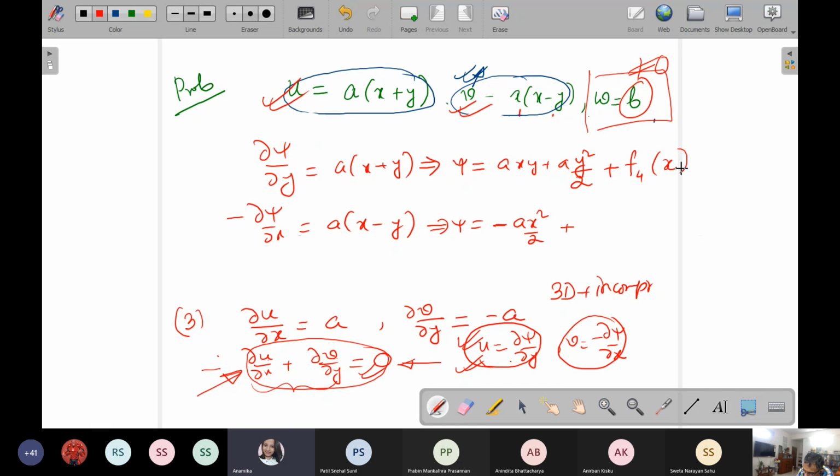X. Okay. So it's a function of x, and no question of z because we are talking about projection in the xy plane only. So this is minus ax square by 2 plus axy, and this will be a function of y.